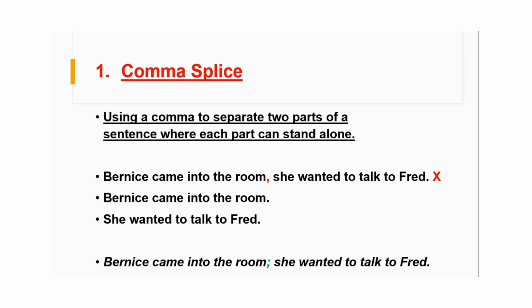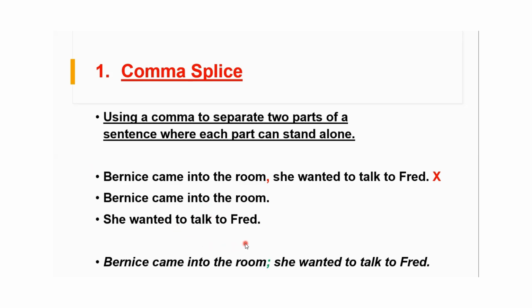Let's look at this example. Bernice came into the room, she wanted to talk to Fred. There's a comma in between these two ideas. That's a comma splice because each part of this sentence can form a sentence on its own. Bernice came into the room is one full sentence. She wanted to talk to Fred, another full sentence.